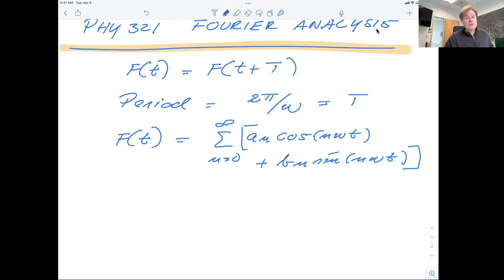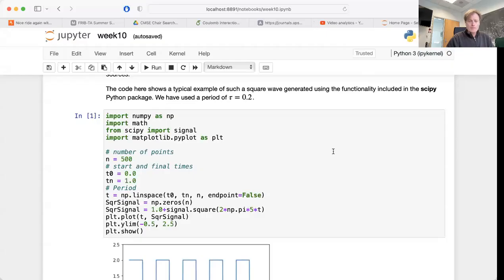So just to demonstrate the usefulness of that, let's go back to the Jupyter notebooks from week 11, when we wrapped up our discussions on oscillations. The code you see here is an implementation of a square wave, which has been generated using the functionality included in the SciPy Python package.